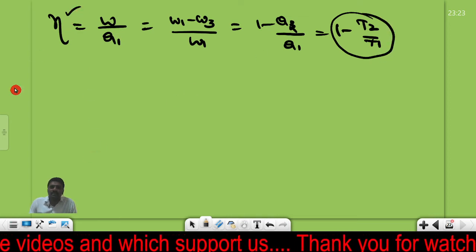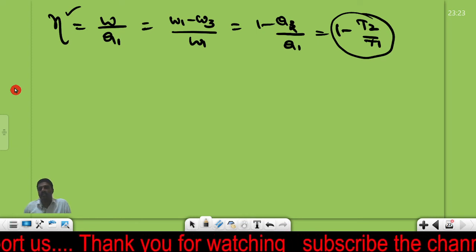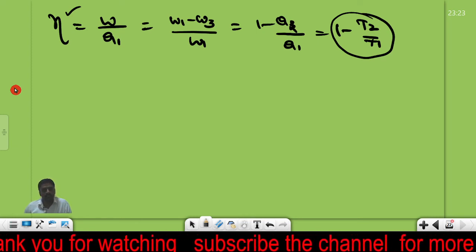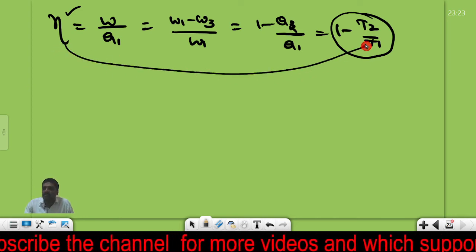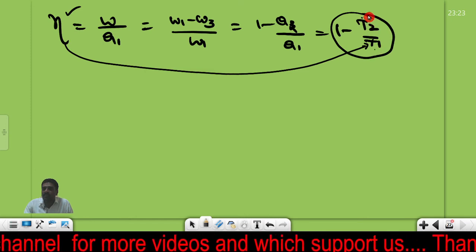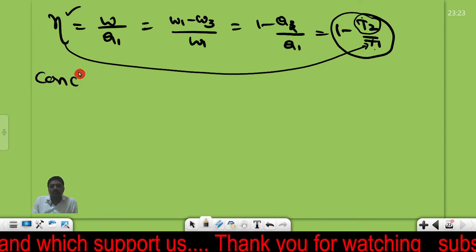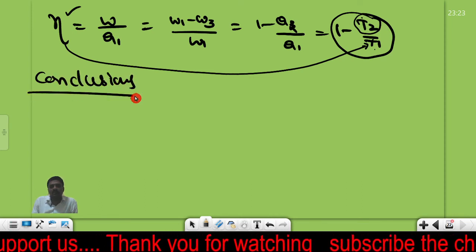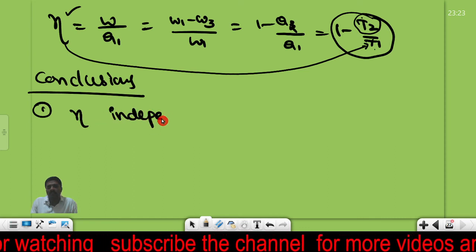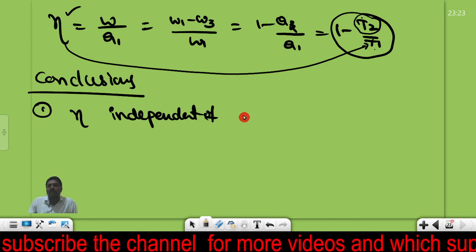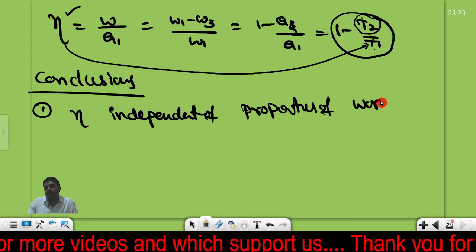That means the efficiency of the Carnot heat engine is independent of the properties of the working substance. It depends only on the temperature of the source T1 and the temperature of the sink T2. So the conclusion, very important: eta is independent of properties of the working substance.